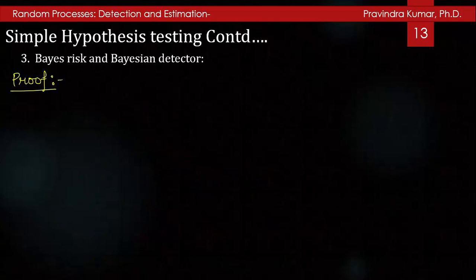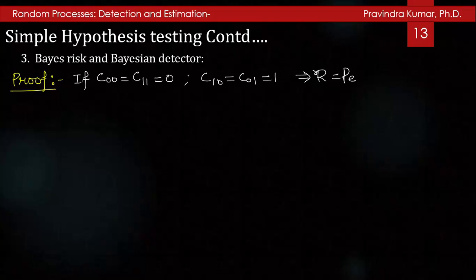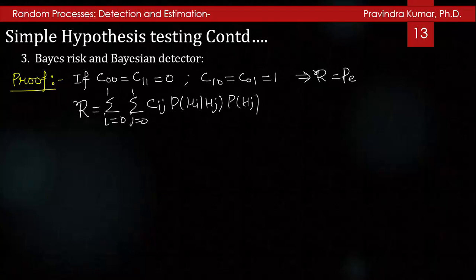Let us look at the proof. If C00 is equal to C11 is equal to 0, C10 is equal to C01 is equal to 1, then the Bayes risk will be the probability of error at this condition, and the Bayes risk is summation j equals 0 to 1 and i equals 0 to 1, Cij P(Hi|Hj) P(Hj).